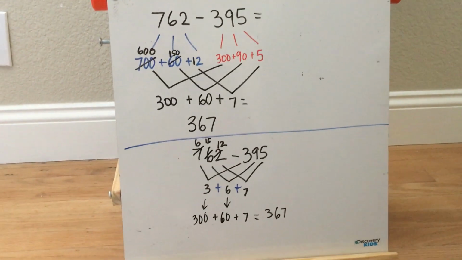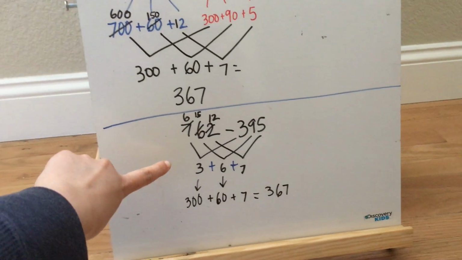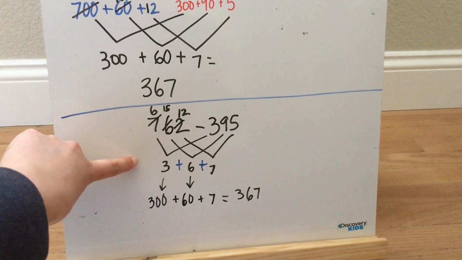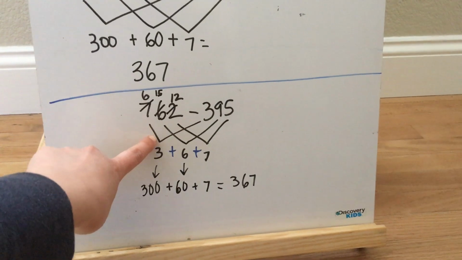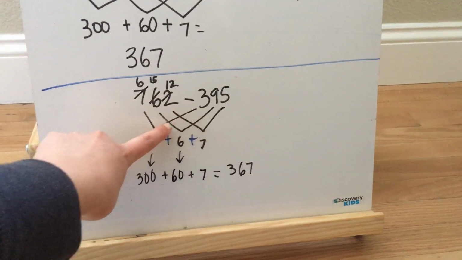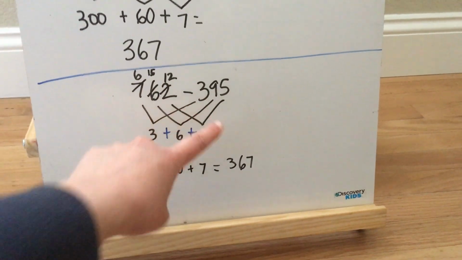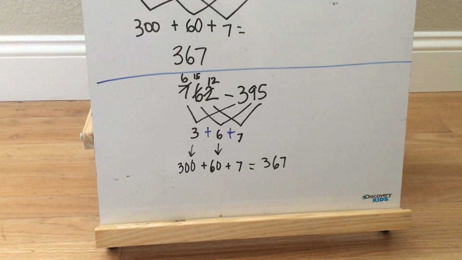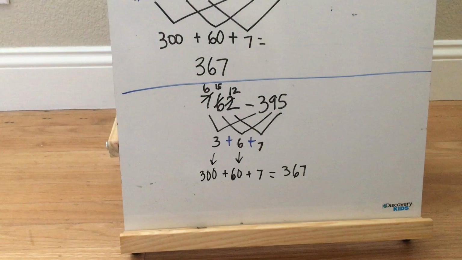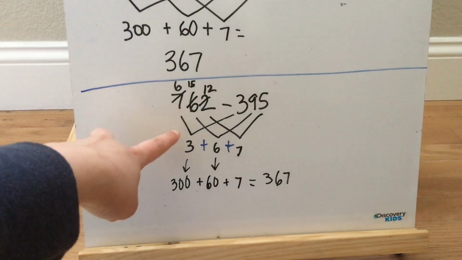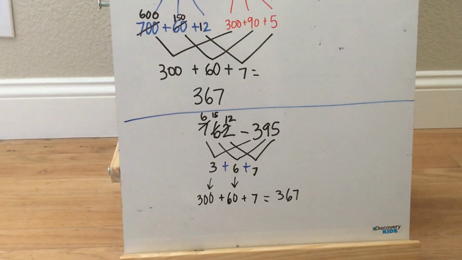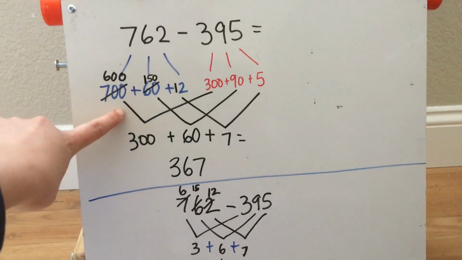So when solving in this bottom method, I don't know the name of this method. This is one that's come up in the classroom though. Xavier in my class named this V shape a math valley, versus a math mountain that we were using at the beginning of the school year. So we have used these math valleys to connect our hundreds place, tens place, ones place, just like we used up here.